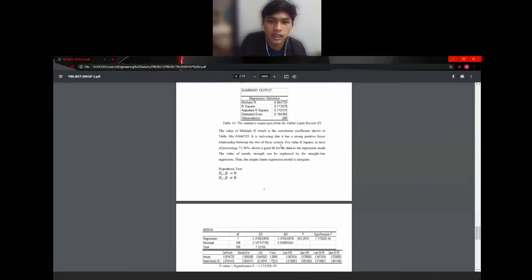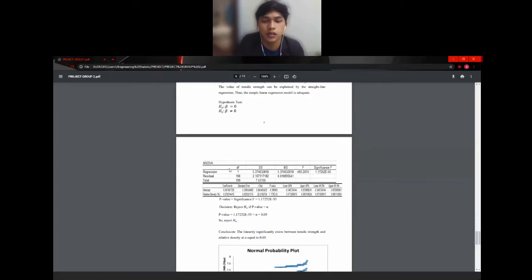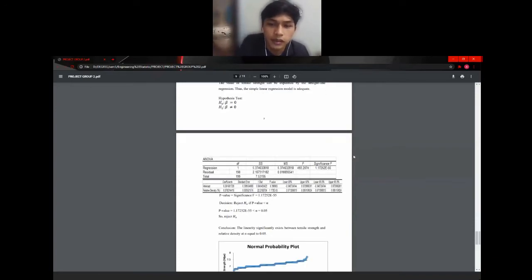To test the linearity of the relationship, we can use this hypothesis test. After that, we use the ANOVA test to find the value of significance F, because our decision is to reject H0 if the p-value is less than alpha. The value of significance F is the same as the p-value.